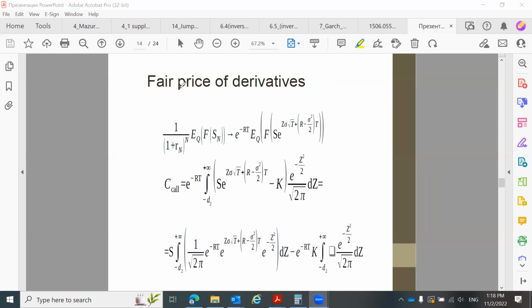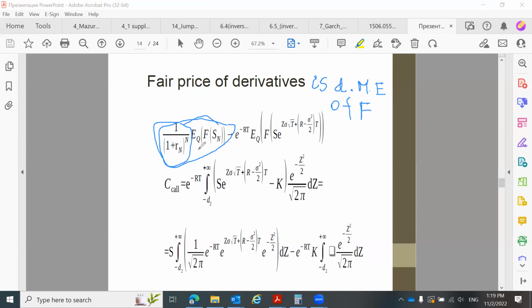According to the definition, the fair price of derivatives is the discounted mathematical expectation of the payoff function, f.